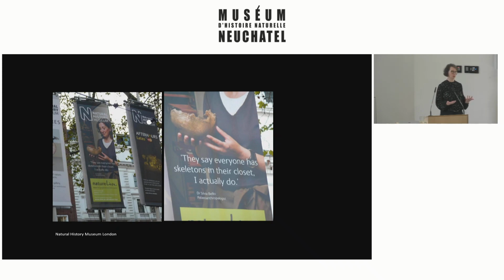There's a massive human remains collection in the museum, about 20,000 objects, specimens, however you want to look at them. But there are increasing demands on this collection because of a change of legislation.